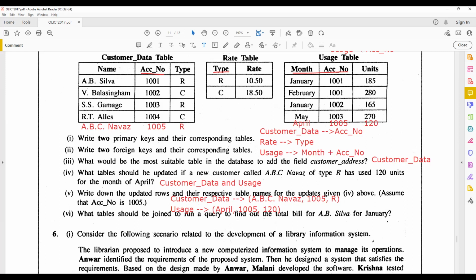Sixth one. What tables should be joined to run a query to find out total bill?